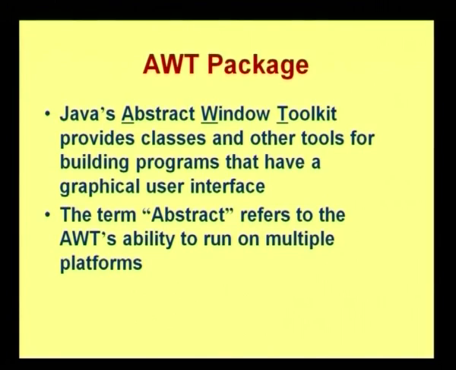These components can be used and user input can be received with the help of these components. We name this a graphical user interface. The user is going to interface with your program through some graphical components, and the collection of these graphical components is available in the AWT package.